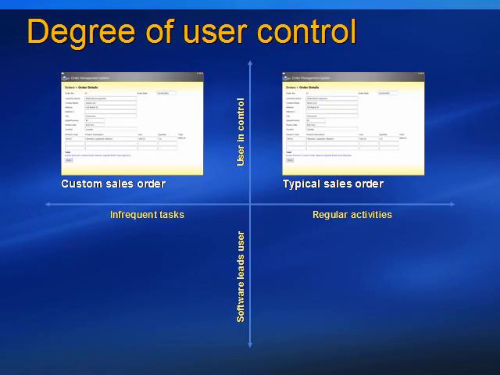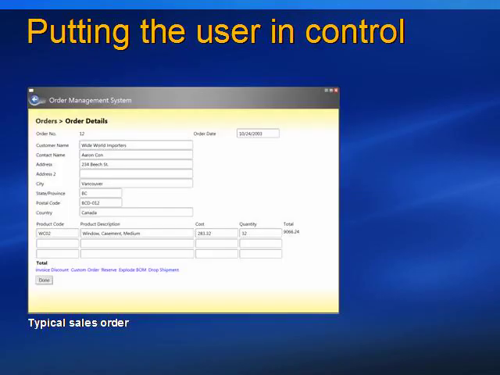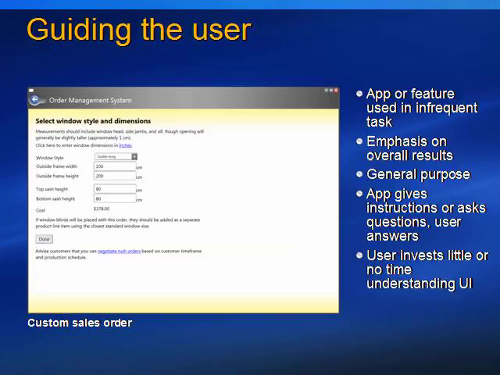But if we consider the case of our custom order or any infrequent task, it's simply not the case that someone's willing to invest in mastering a task that they're only going to do once every few months, once a year, or maybe just once ever. So there, we want to move from something that gives the user very minimal assistance and simply presents them with a set of fields to fill out, to something that's much more structured.